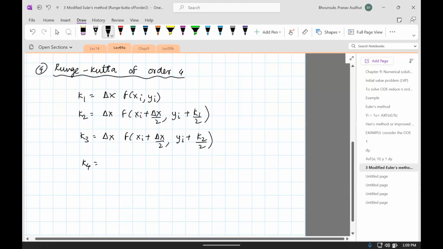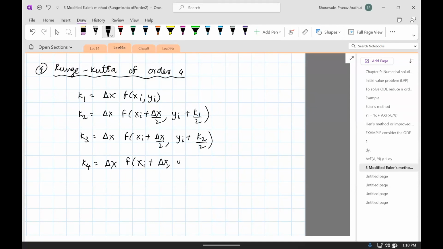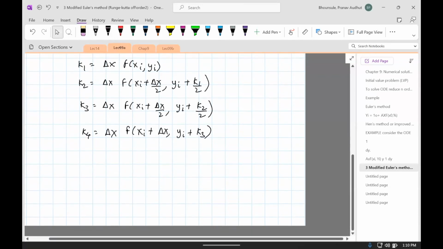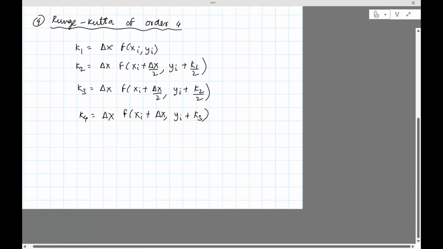And then finally k4 is delta x f of (x_i plus delta x, y_i plus k3).